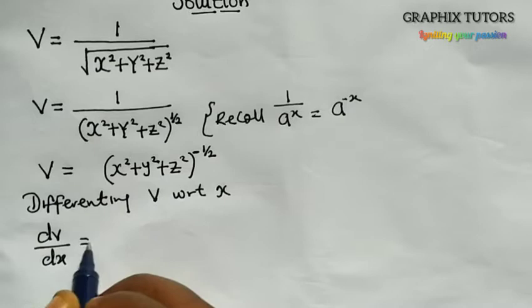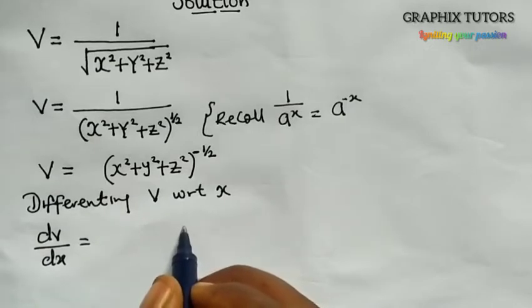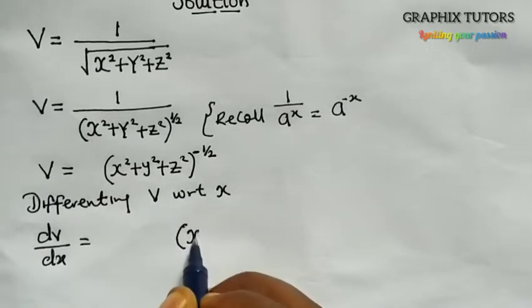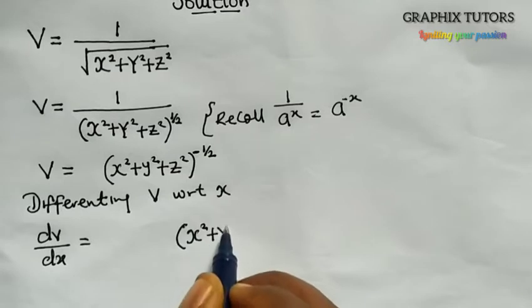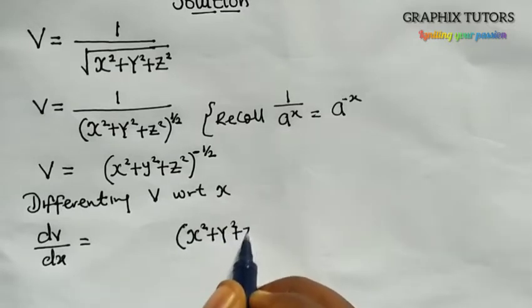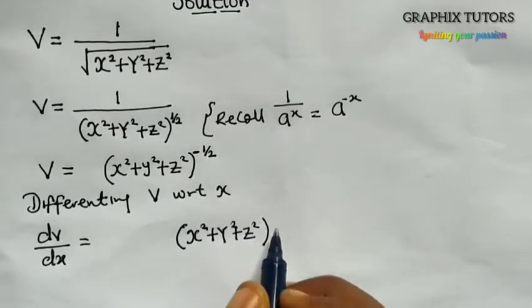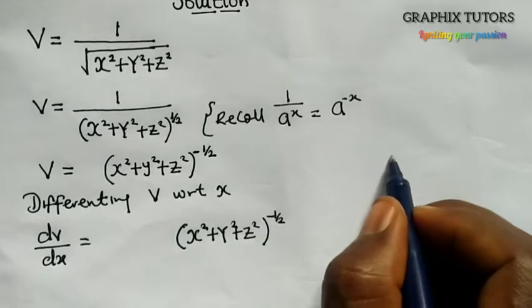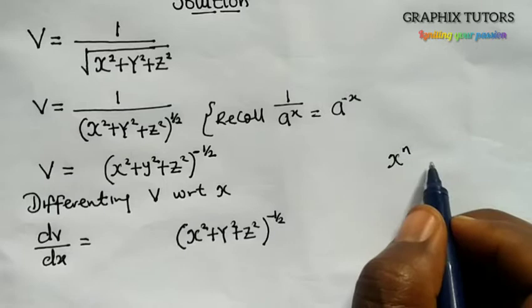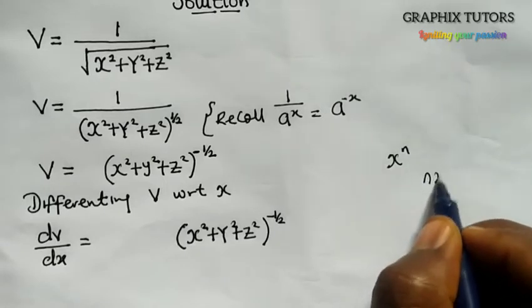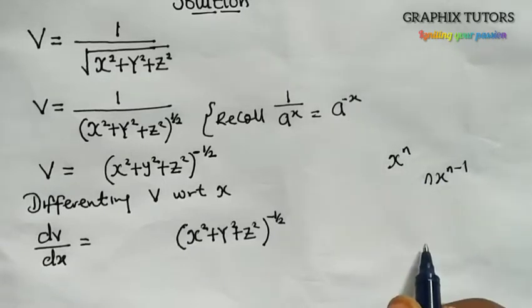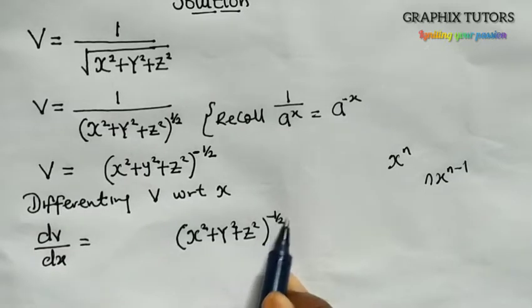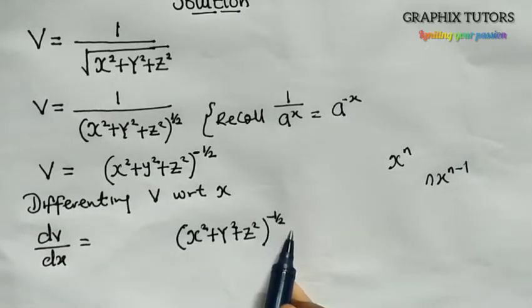I'm going to rewrite my question back here: x squared plus y squared plus z squared raised to the power minus 1 over 2. You know when you have x to the n and you differentiate it, it's going to give us n x to the n minus 1. That is the principle we're going to use here. We call it the power rule.